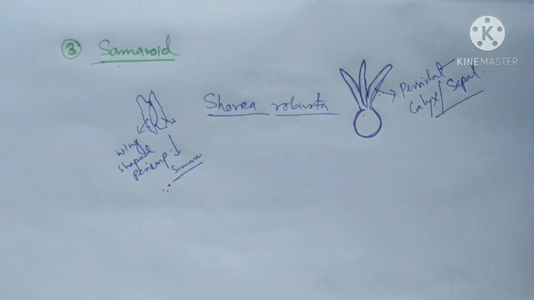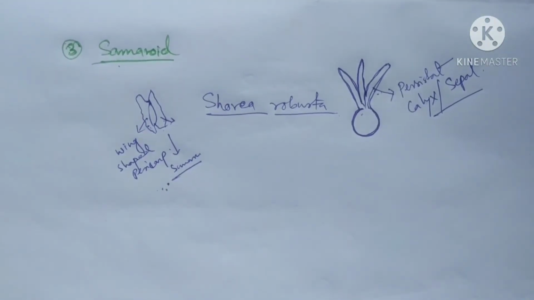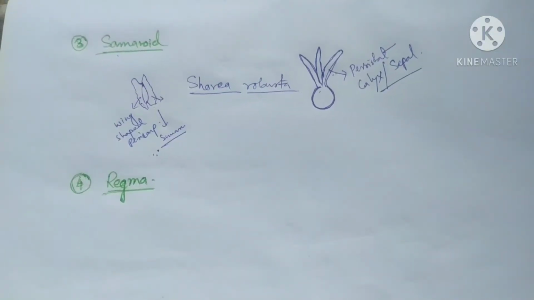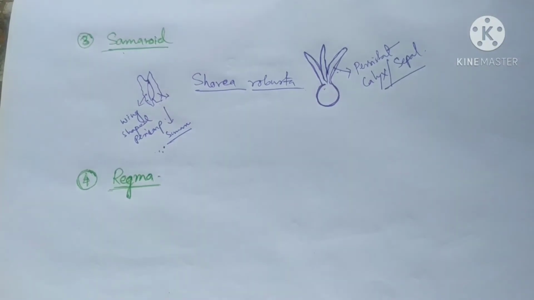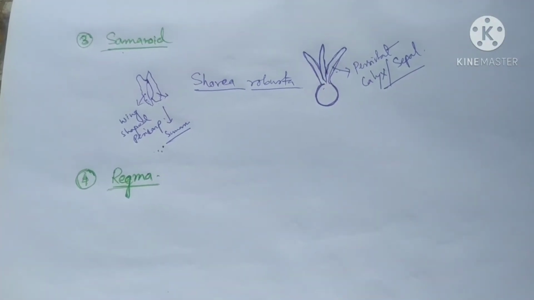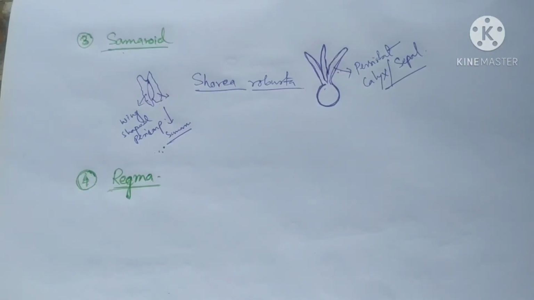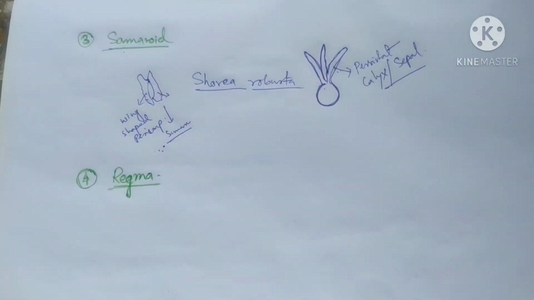Now the next type of fruit is regma. So in case of regma, the fruit develops from a superior tricarpellary or polycarpellary ovary. Okay, and here the fruit splits into many one-seeded parts, which are known as coccus.